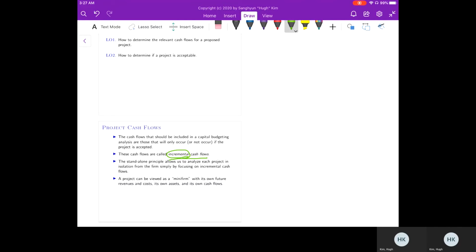So if you think about a firm, the firm has its assets, which generate cash flows. Typically, the firm consists of many investment projects.